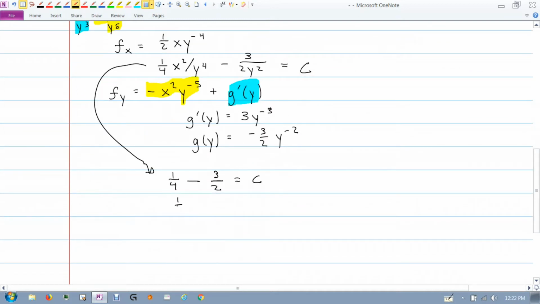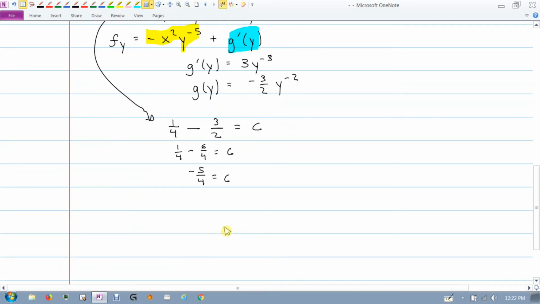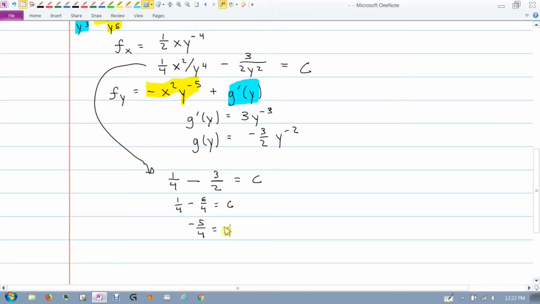And that's the same as 1/4 minus 6/4. So we get negative 5/4 should be c. All right, what was this number? 28. Yeah, so we replace this here with negative 5/4, and we're in business.